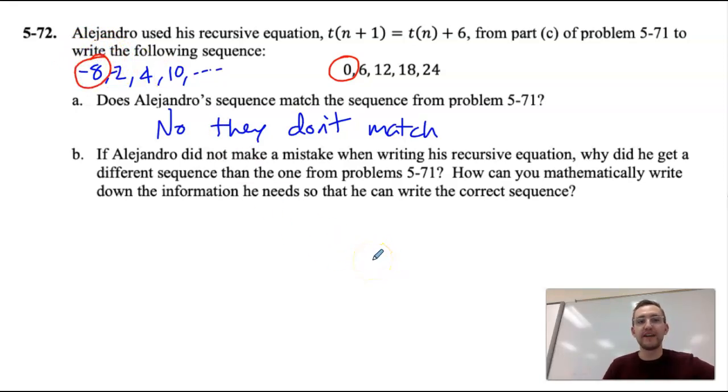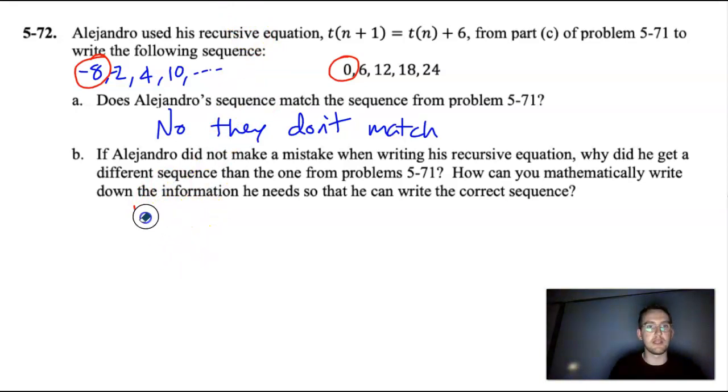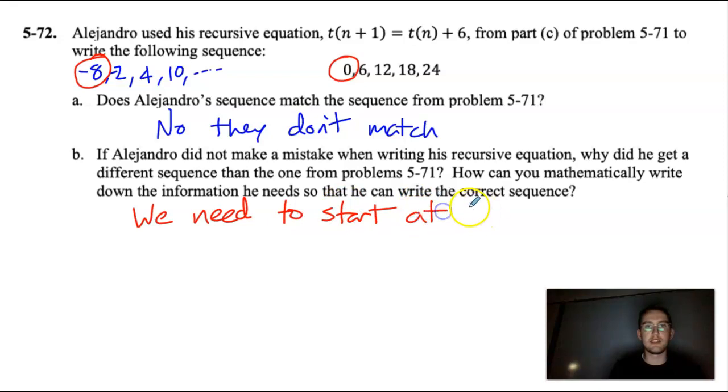So if we want to fix Alejandro's equation and fix his sequence, we need to start at T of 1 is equal to -8, which would help us get back on track.